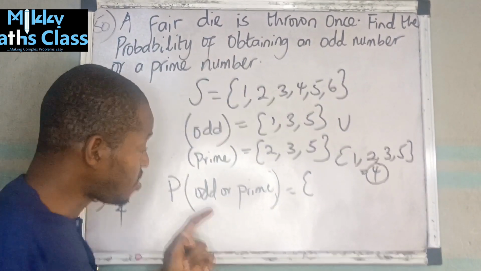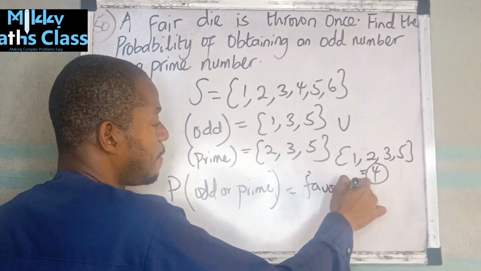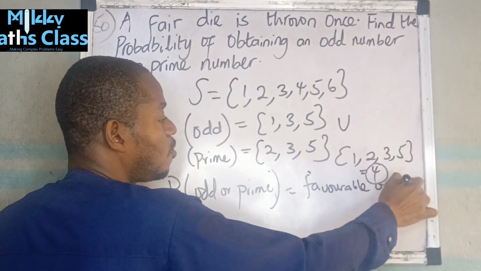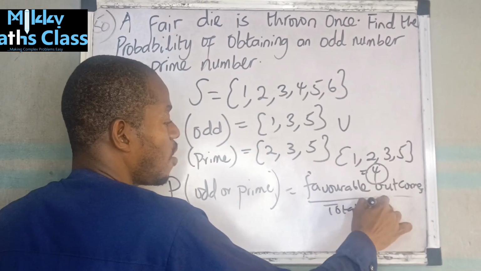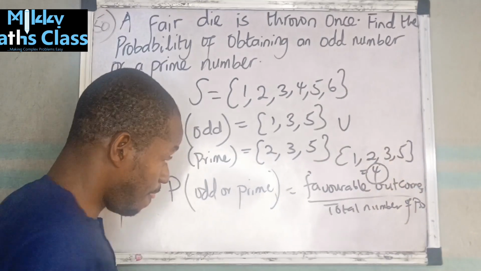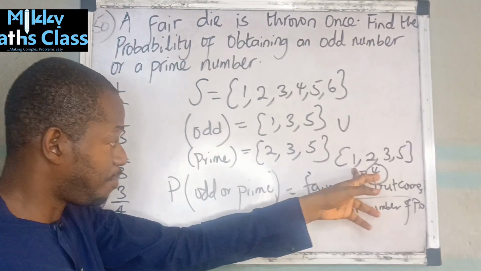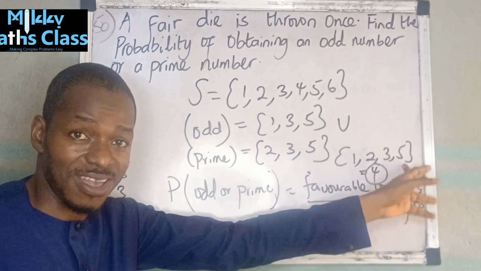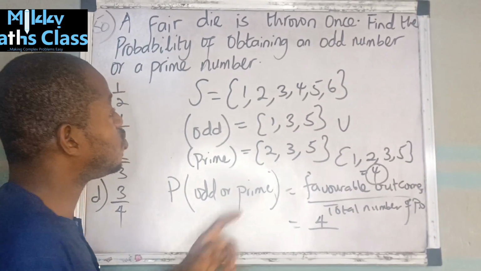Take note, a probability is the number of favorable outcomes over the total number of possible outcomes. So for the favorable outcomes, I can either pick 1, or I pick 2, I pick 3, I pick 5, which is equal to 4, over the total number of possible outcomes.